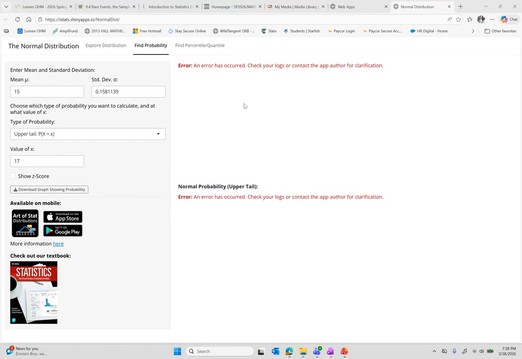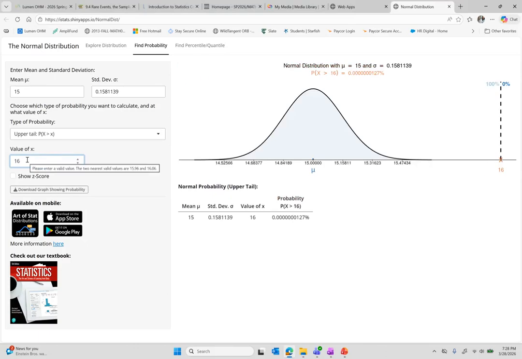So when I have such an extreme value, I see here that Art of Stat gives me an error. Let's make it a little smaller. So you see here that because every increment is just 0.16, it takes way too many tick marks to even reach 16. So when I'm even further to the right, the software cannot even graph that far or calculate that far.